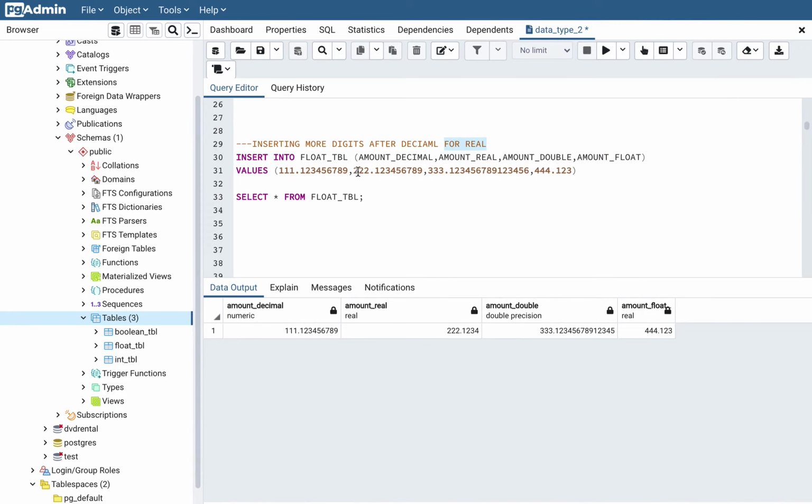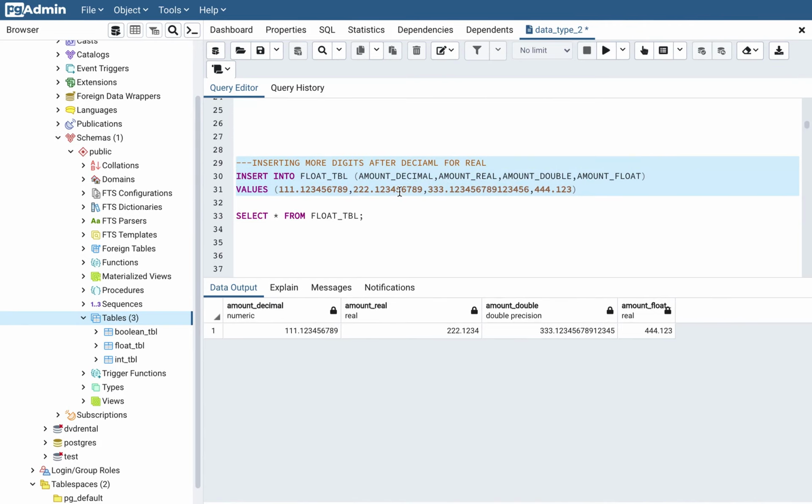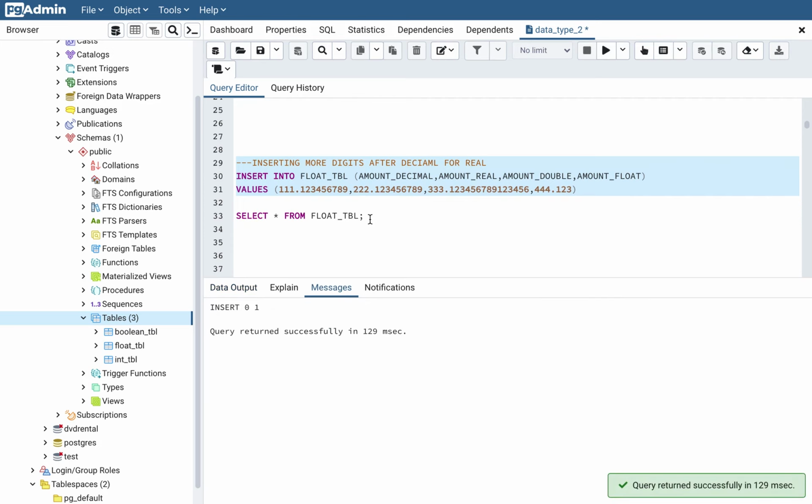But you would notice here that I am inserting 9 digits. Now what will happen if I execute this? Is SQL going to throw an error or is it going to store the value? You see here SQL has executed the query successfully, and that means the value has been inserted.